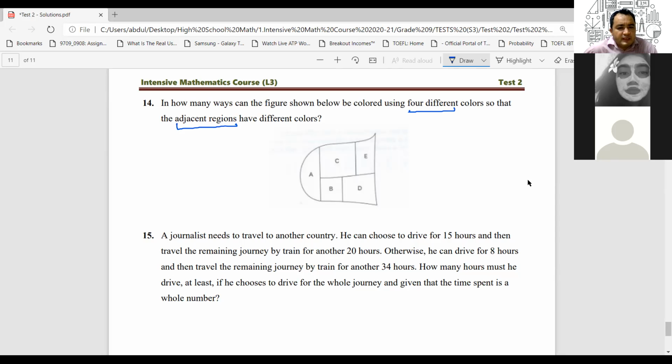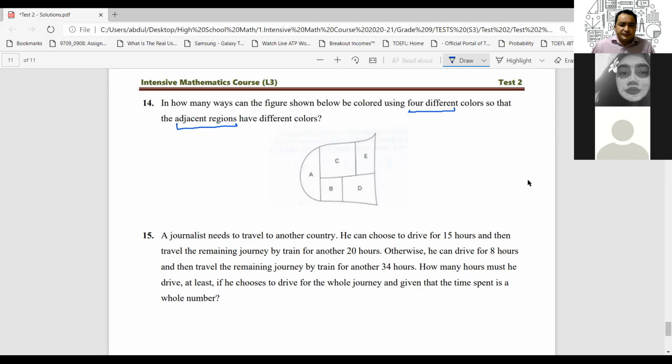No. So that means they can have the same color, right? Because they are not adjacent. If they are not adjacent, they may be colored using the same color. You understand? That is a tricky point here, Arad. I think you were confused here.